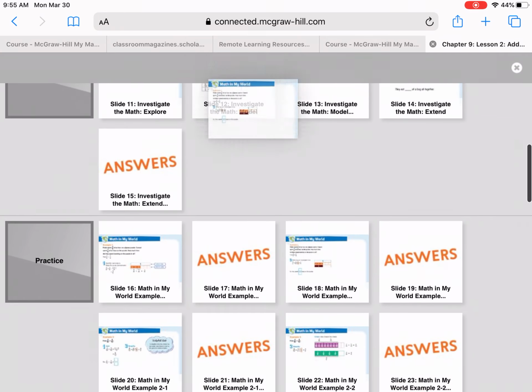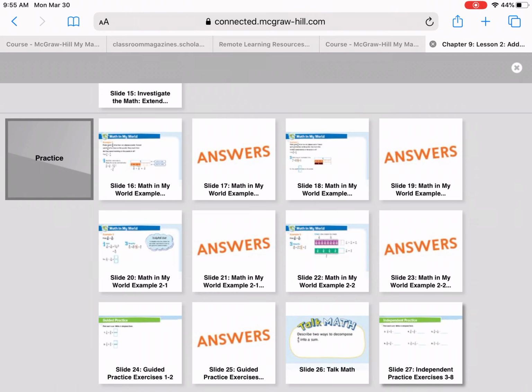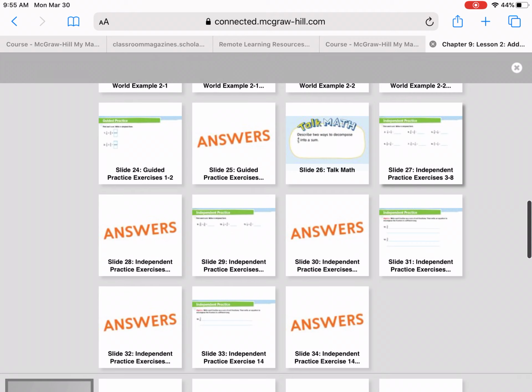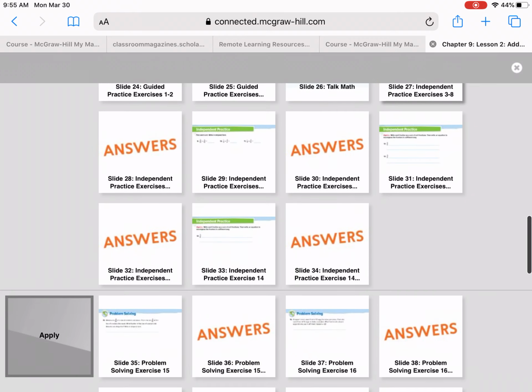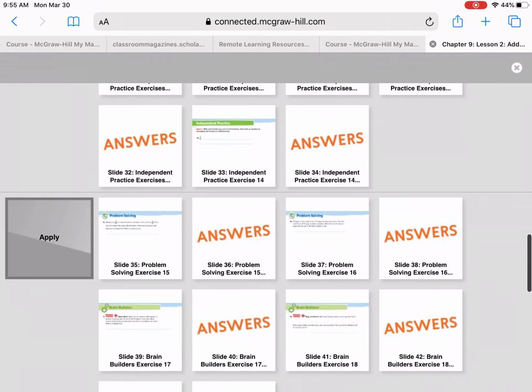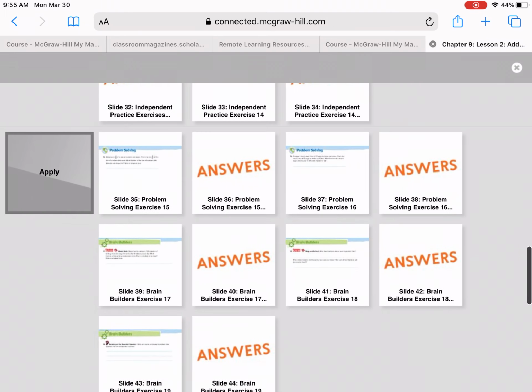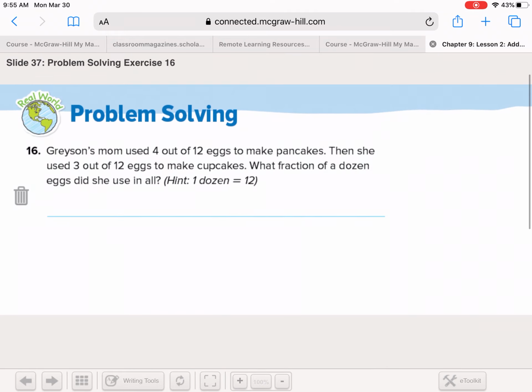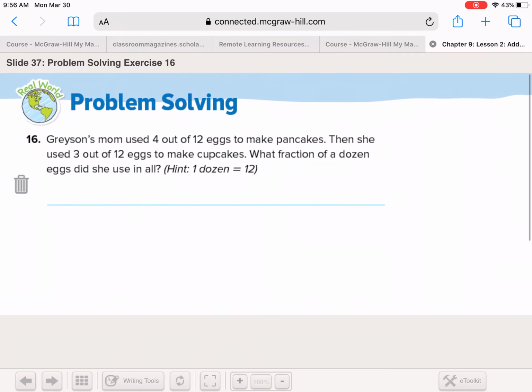You can do independent practice, number 2 to 16. Okay? And I'll put that in your instructions, so you don't have to worry about that.